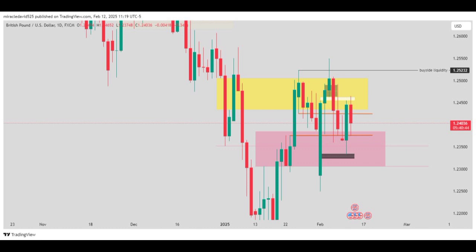Then it went back to touch the white level inside the yellow box. That's a daily inversion fair value gap, and price went from the 4 hours to the daily inversion to tap it. We'll be watching to see what will happen, but I'm expecting lower prices on GBPUSD.